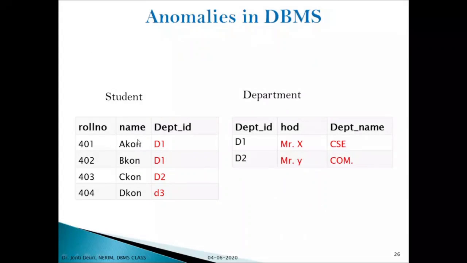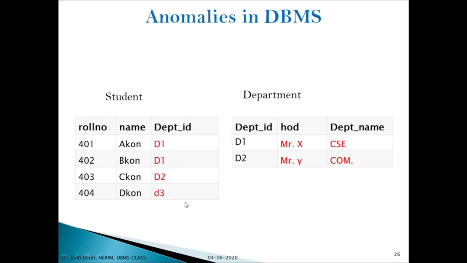And here you can see student and department. Now we have the department ID, the HOD and the department name. D1 is CSE and D2 is commerce. In student details, we have D1, these are department IDs. This is our foreign key here, and this is the primary key. Now D3 does not exist in the department, so this will not be allowed.